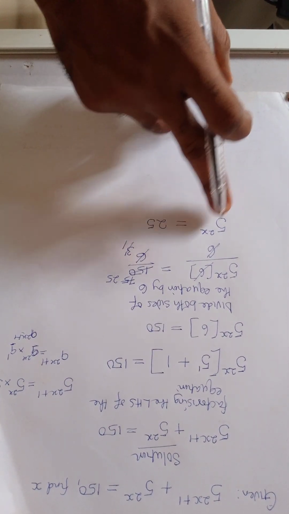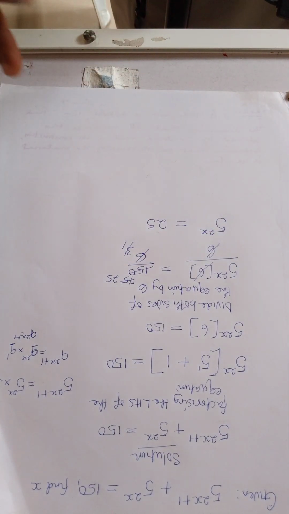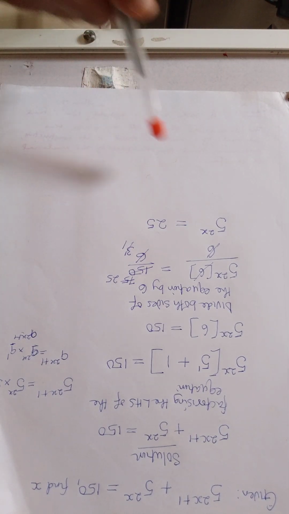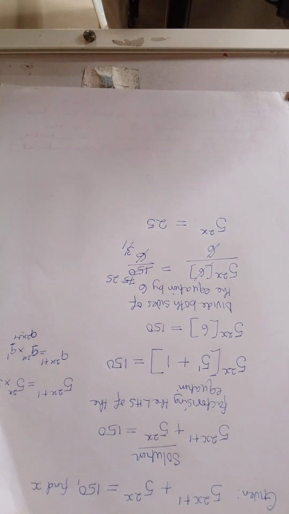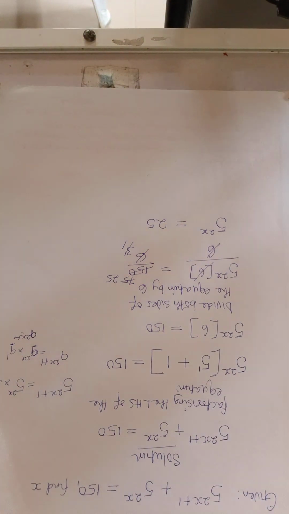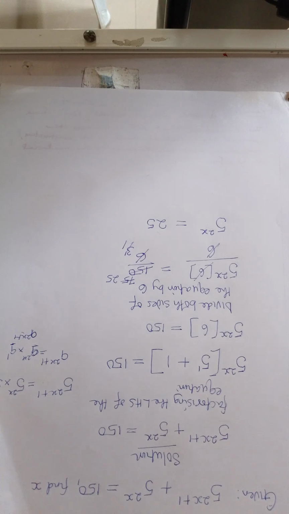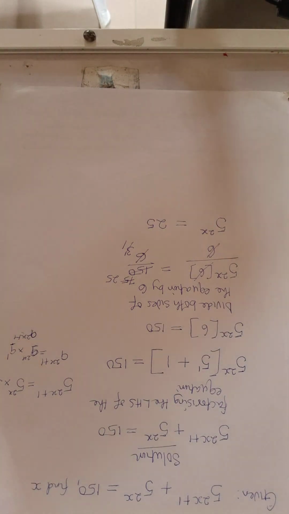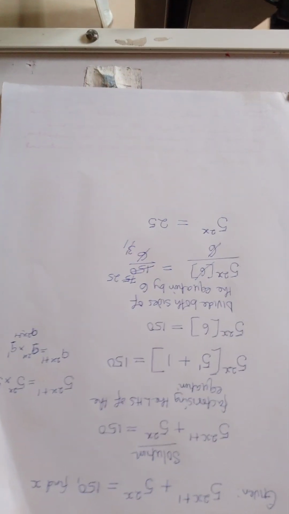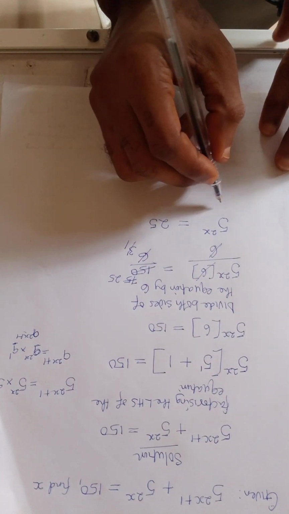And so because we have 5 raised to the power 2x here and then we have 25 here, they are not of the same base, so we have to make it the same base. Since the base here is 5, we have to think of a number that if we raise 5 to it, it will give us 25. So 5 raised to the power 2 gives us 25.